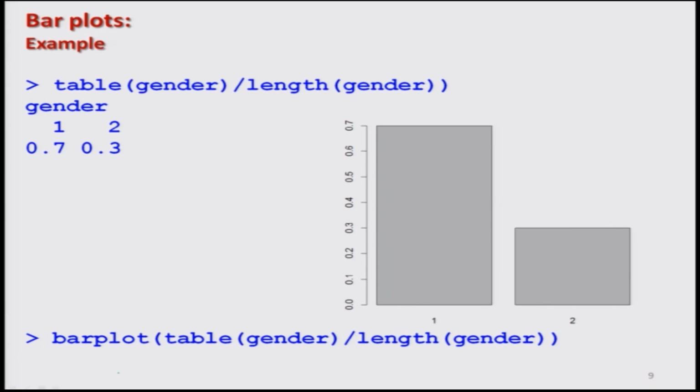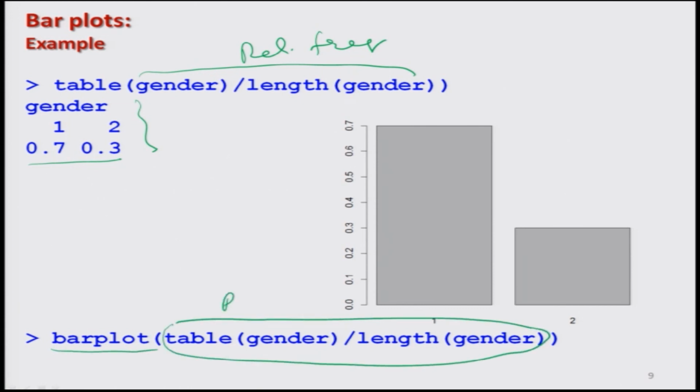So here I am computing the relative frequencies, and they come out to be like this, as we had obtained earlier, 0.7 and 0.3, and then I used the bar plot function with the relative frequency. So this is our relative frequency, and we get this type of graphic.